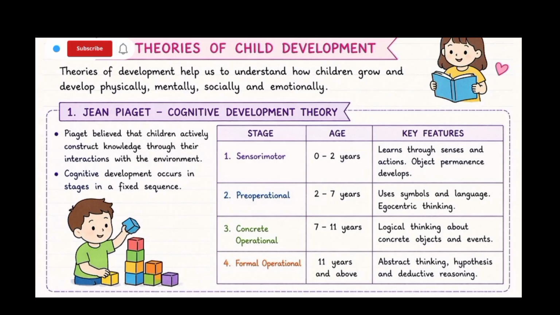Egocentrism also comes in the pre-operational stage. This stage is marked by egocentrism. There is a natural shift from the sensory motor stage to logical and social egocentrism. His own perspective of the world is all that matters for him. He fails to understand another's point of view.